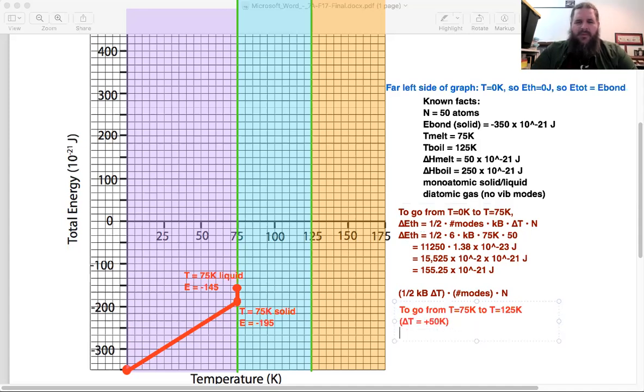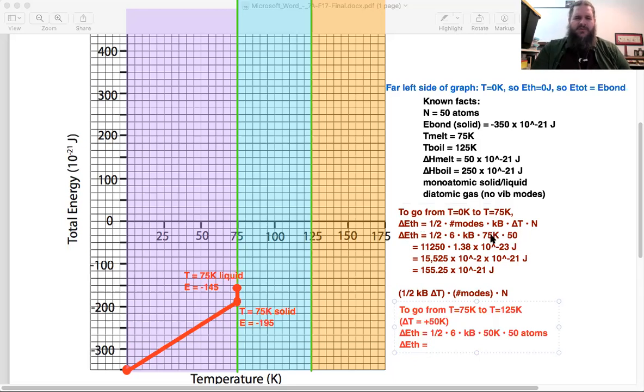So the temperature is plus 50 Kelvin. And we can use the same formula. The liquid still has 6 moles per particle. So delta E thermal is going to be 1/2 times 6 times Boltzmann's constant times 50 Kelvin times, and we still have 50 atoms. Which means we could run through the calculations again, but as a shortcut, 50 Kelvin is 2/3 of 75.